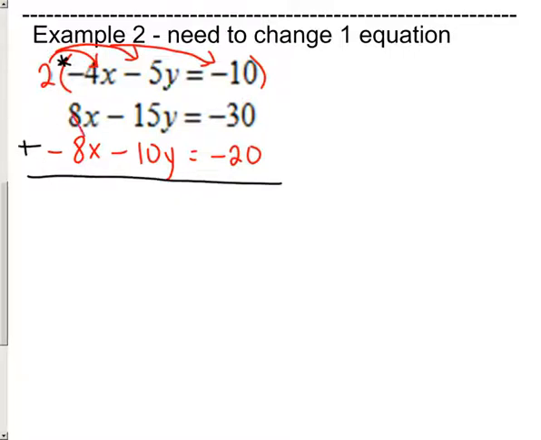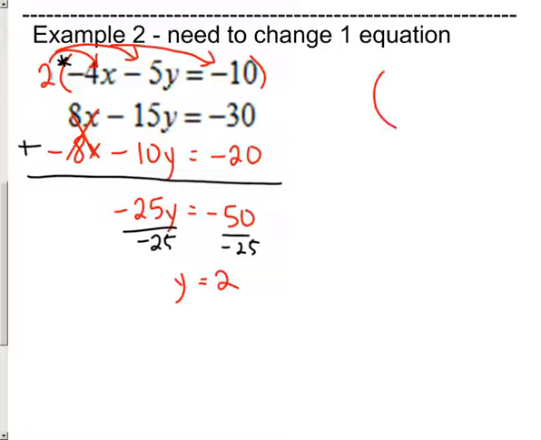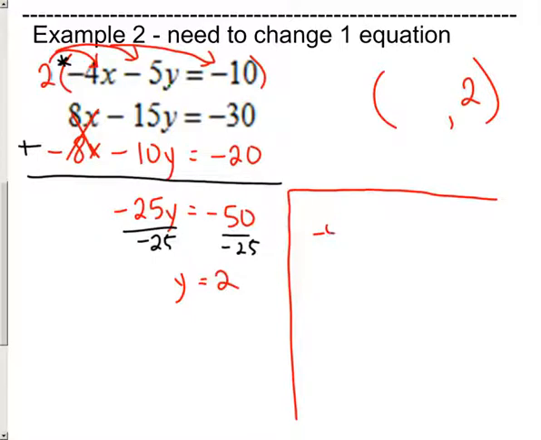8x plus negative 8x is nothing. This would be negative 25y, and this would be negative 50. And we can solve for y. So we've got our y value of positive 2. Now we can come in and still one of the equations, so that way we can find out what x is.